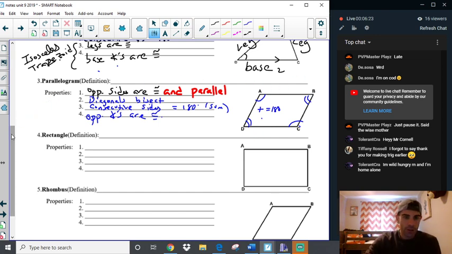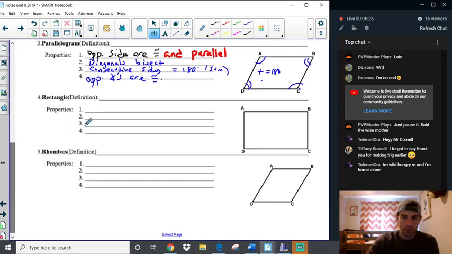Then we move down the chain and go to a rectangle. A rectangle is going to share all of the exact same properties as the parallelogram, but then we're going to add a couple more. For the rectangle, the sides are perpendicular, so each angle equals 90 degrees.